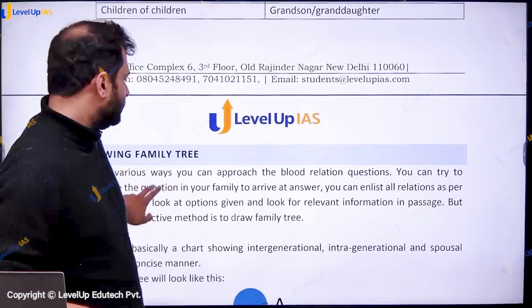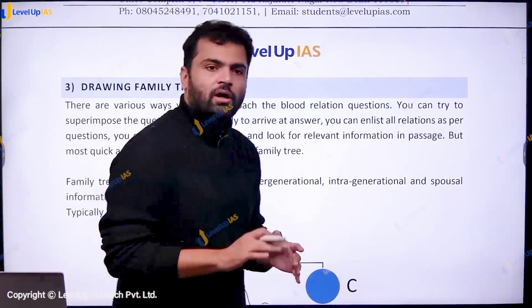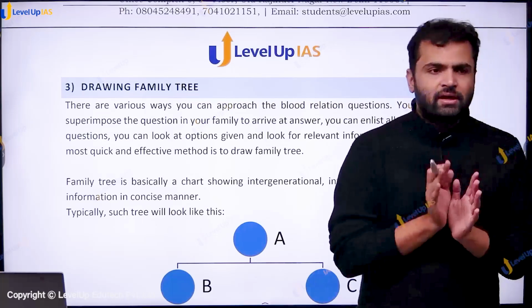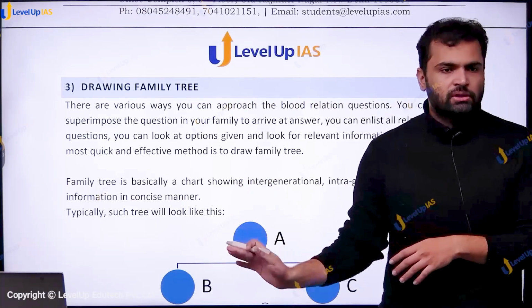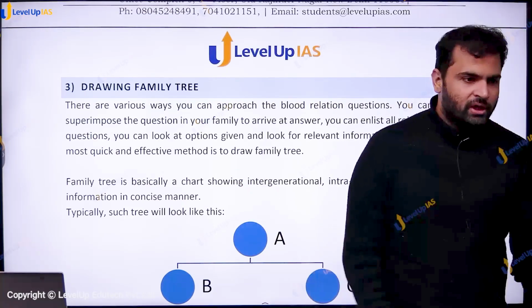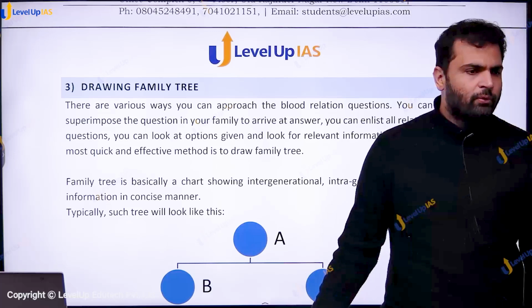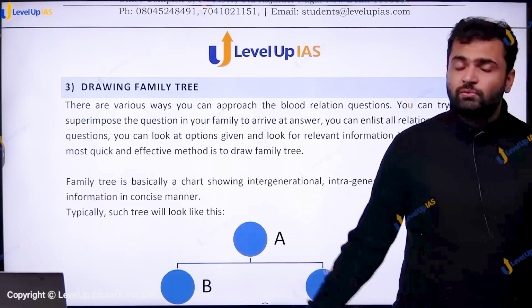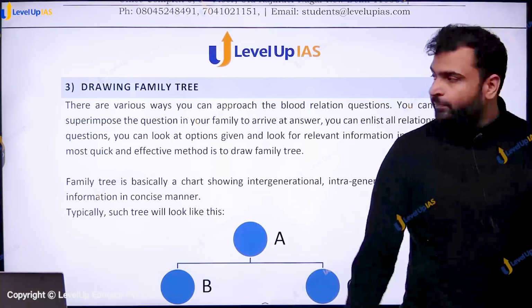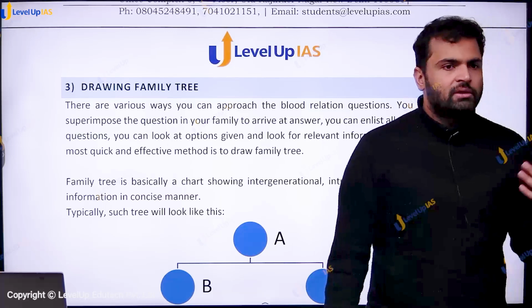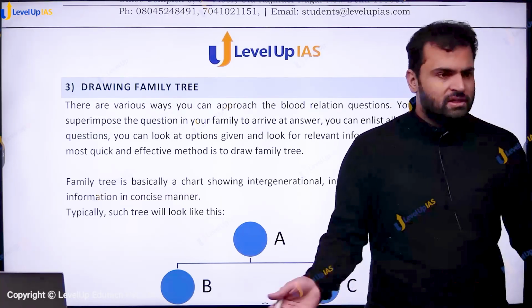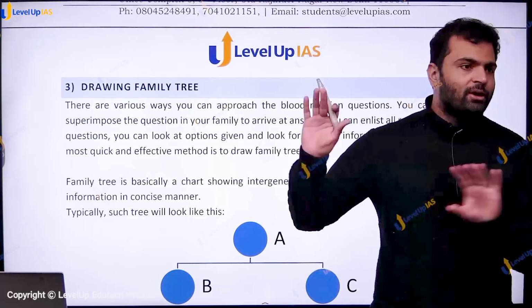Now we have to draw a family tree, just a standardized way to represent whatever is going on in the question. I am not claiming this is the only way. This is just one helpful way which will help you to solve all the questions. So we'll establish some standard practices for our course. These are not standard or universal practices.